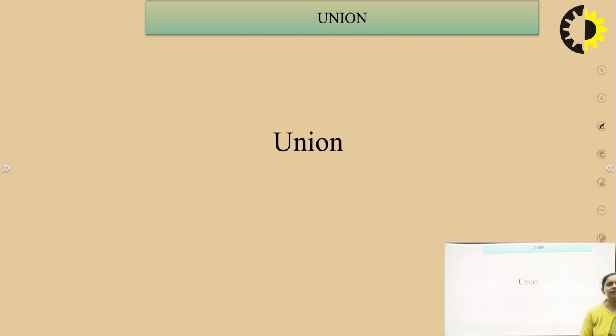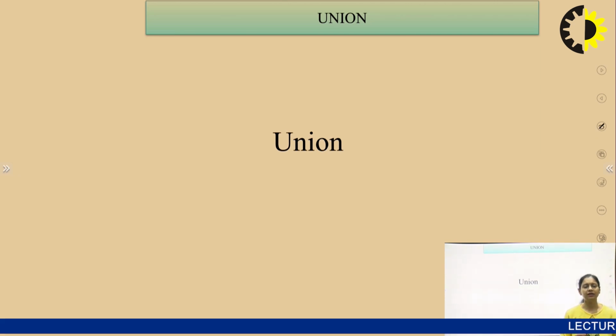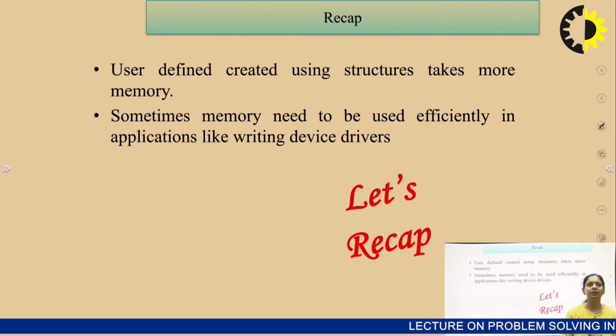The next topic that we have is union. Union is similar to structures, in the way we have multiple data types enclosed in a single structure. Here again we have multiple data types enclosed in the union, but there is a small difference between the structure and the union.